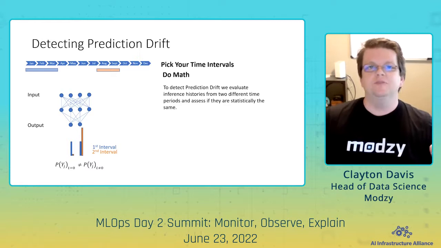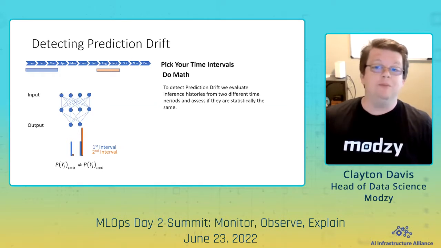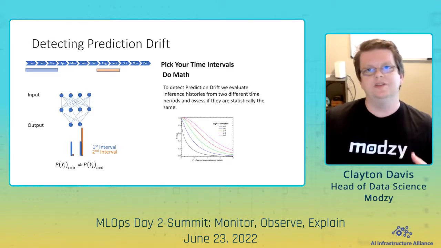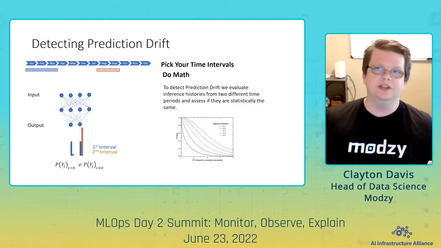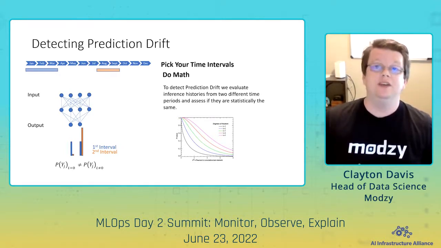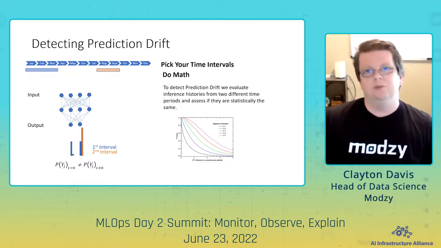There are a whole slew of mathematical approaches that you can take to try to tell whether or not these 2 distributions are different. At Modzy, we actually tend to use a chi-squared test, where we'll take the 2 distributions, compare them with a chi-squared metric, and then decide whether or not we need to do any alerting for our end users based upon feedback that they've given us during our drift setup process.